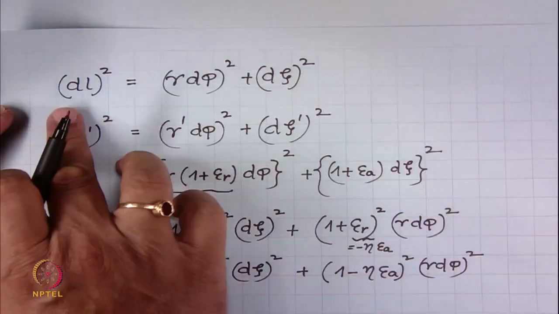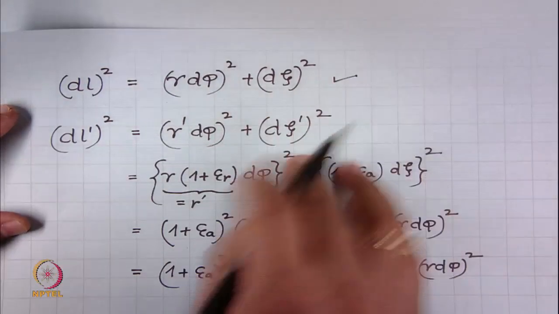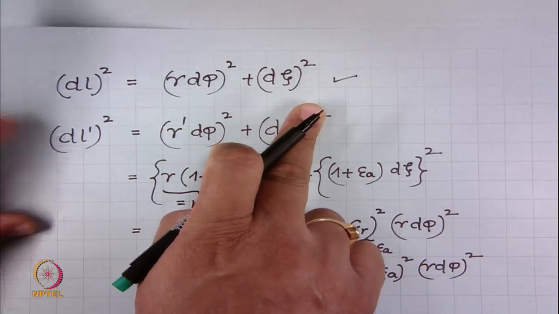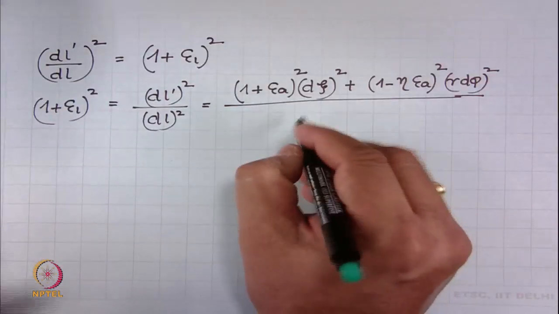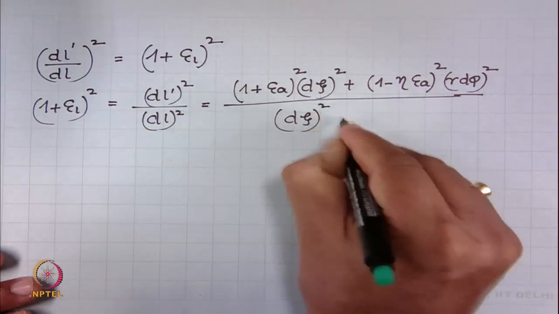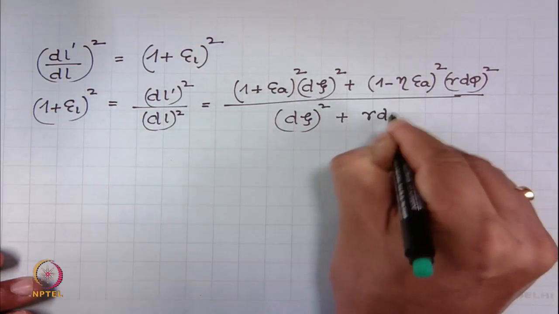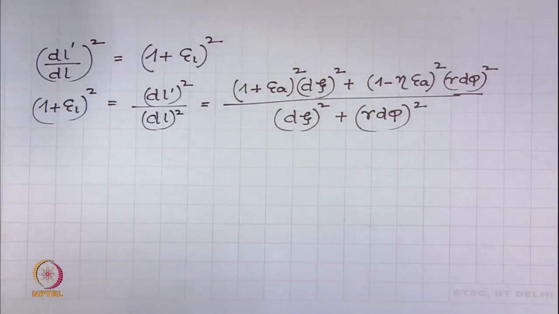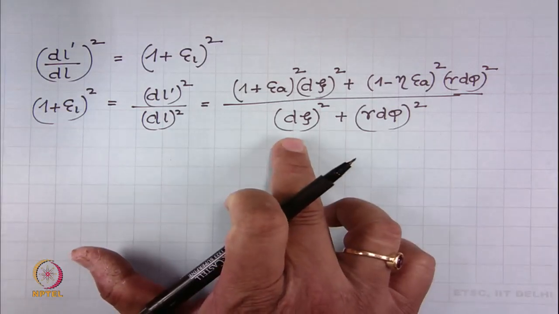By using the Pythagorean theorem we obtain this relation, we will use this in the denominator. So, we write this as d zeta squared plus r d phi square. Now, we divide numerator as well as denominator by this quantity d zeta square.